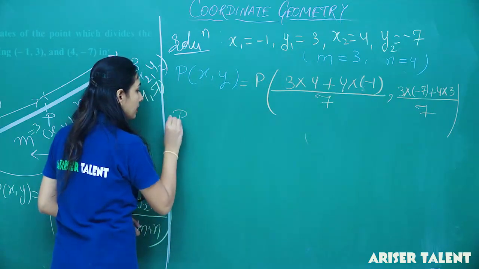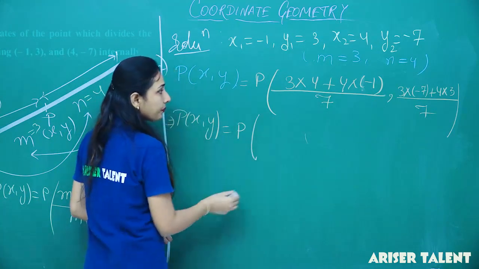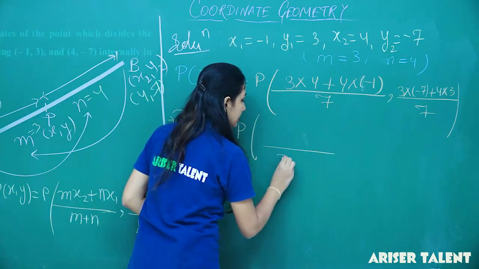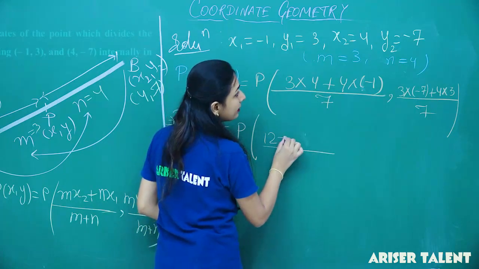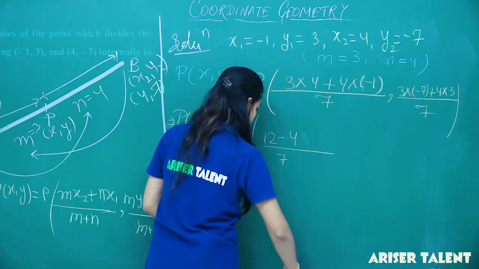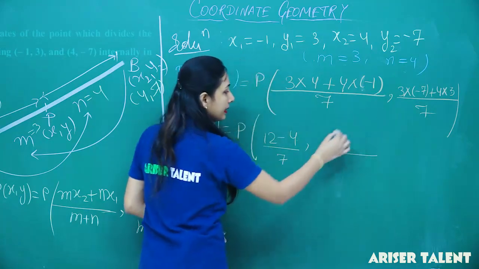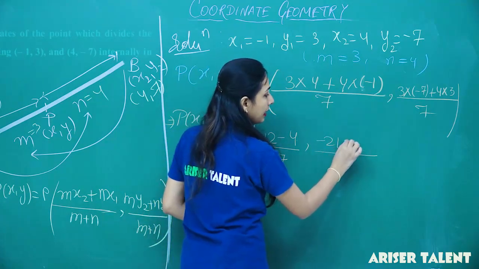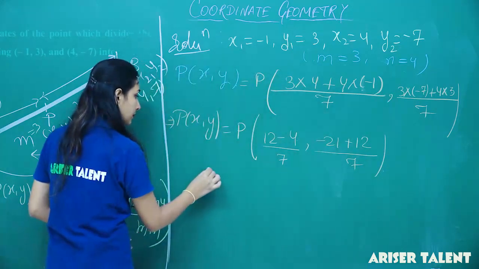So, P x y will be equals to P, 7 here, 12 and minus of 4, right students? Then the next, that will be minus of 21 and plus of 12, right?